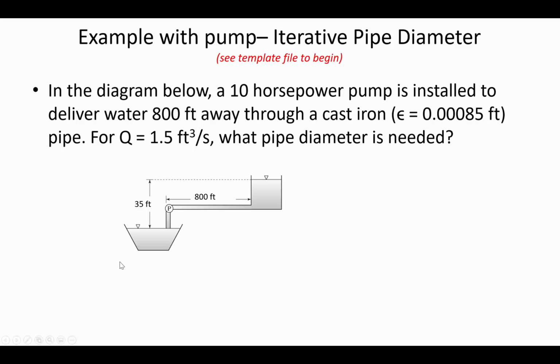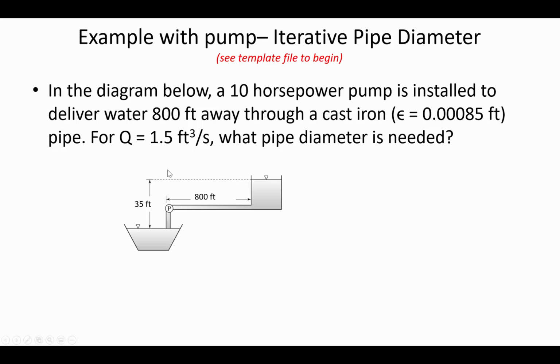So if we're trying to get water from the lower reservoir into the upper reservoir, there are two things resisting the movement of the water. One is the elevation difference, and so the pump is going to have to provide enough energy to overcome that delta Z. And then the pump is also going to have to provide enough energy to overcome the pipe friction that's associated with the flow rate we desire.